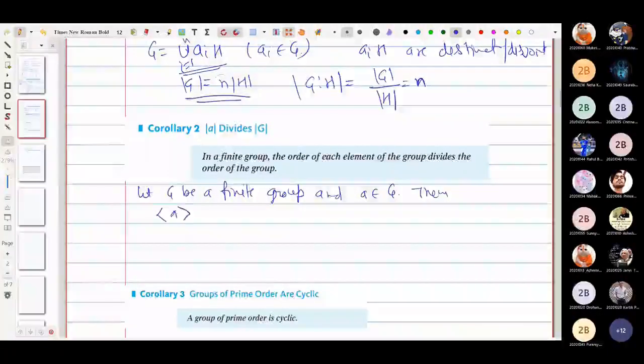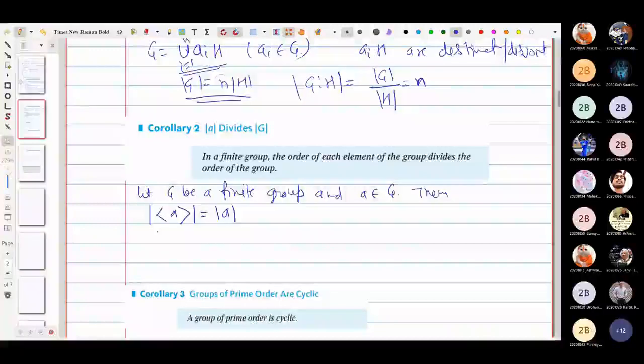Because G is a finite group, each element of G should have a finite order, and each element should generate a group which is cyclic. So a generates a cyclic group, denoted by this notation, and the order of this is nothing but the order of that element.